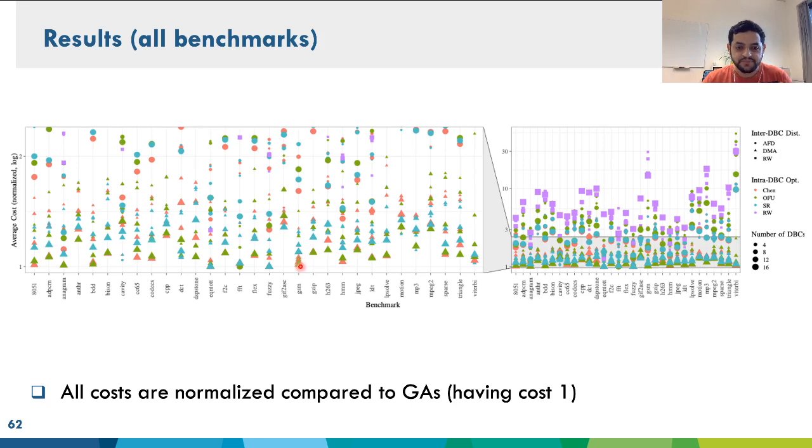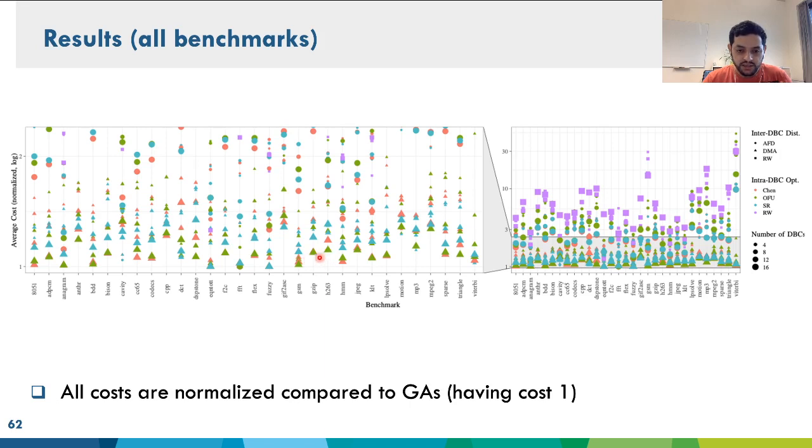triangles are closer to the normalized baseline, which is the genetic algorithm results. So all costs are normalized to GA, which is 1, and minimum is better, since this is cost.